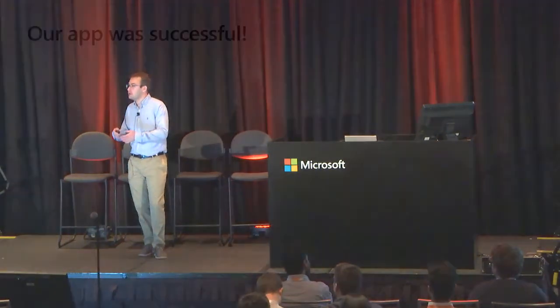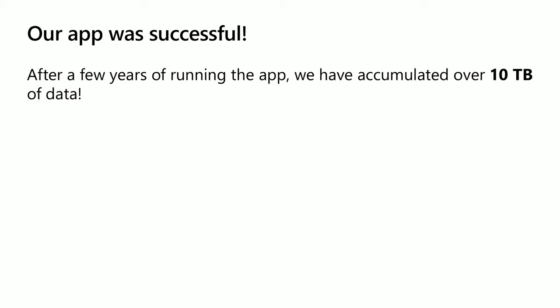So our app was successful. We built out an app that ingested data from different airplanes. We built out 3 microservices, which all did separate and independent tasks to build out our business software for our airline. After a few years of running the app that was super successful, we have accumulated over 10 terabytes of data.